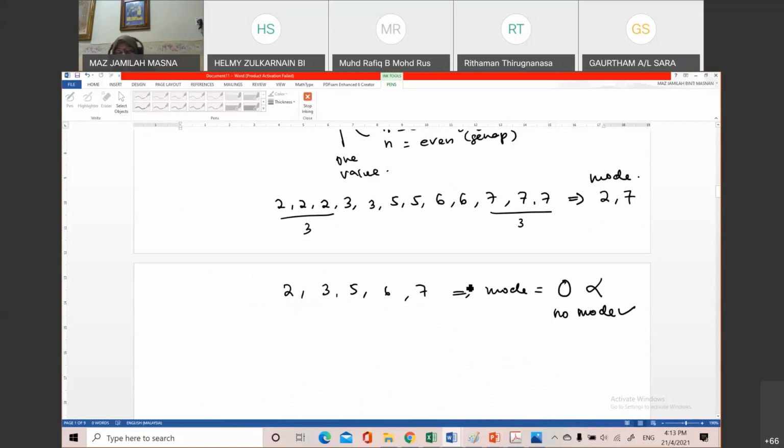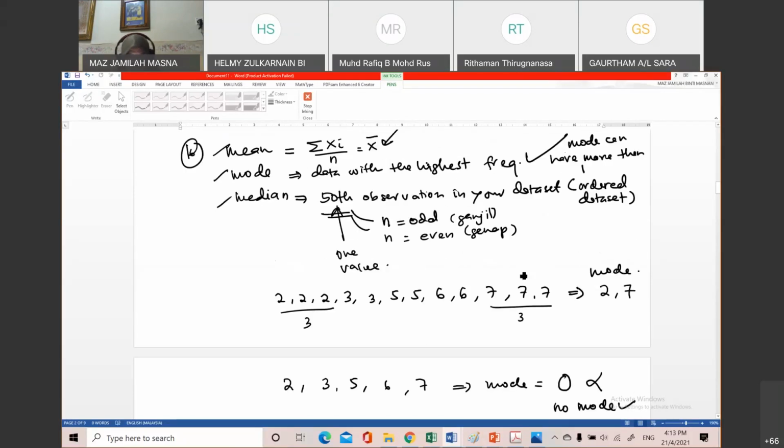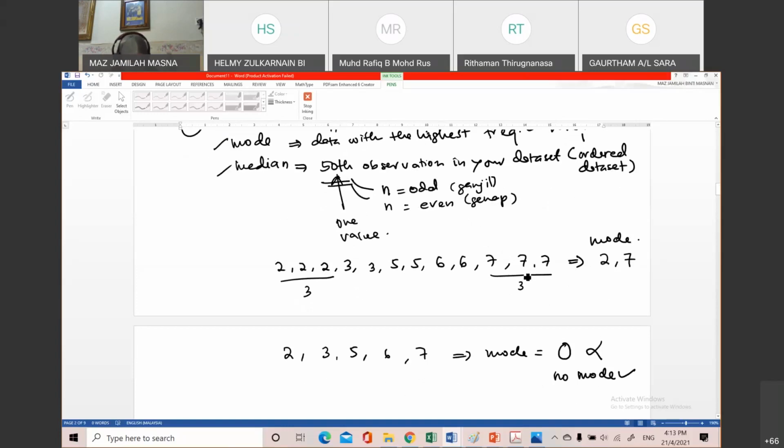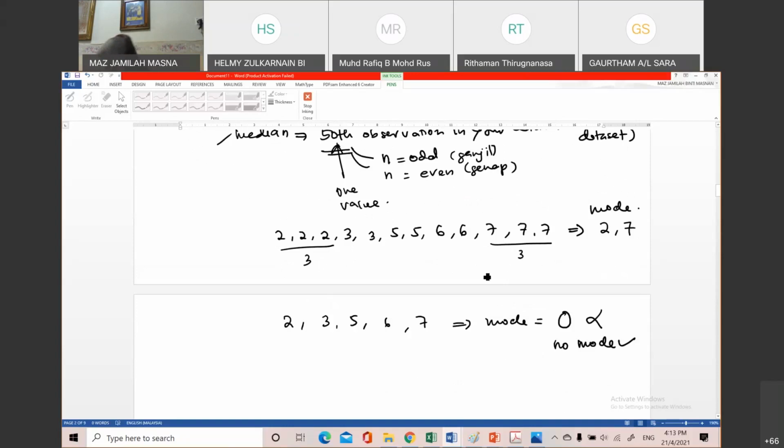A box plot is one of the graphical forms that you can use to represent your data. In detail we are going to look at it in the next questions. But to answer question number 17, the question is, by using box plot, how to determine shape of a distribution and dispersion of a distribution.